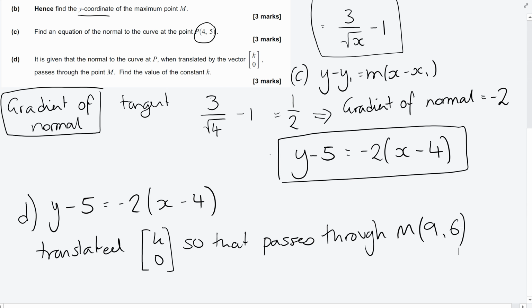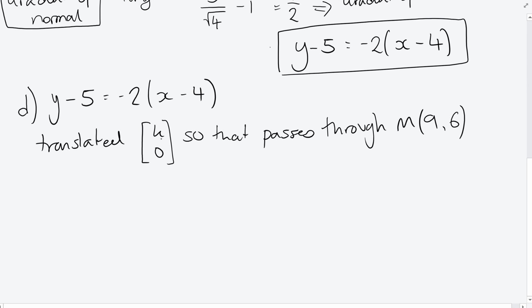If I'm changing my x value by k here, my new equation is going to have the x value changed, and k is going to be subtracted. It's happening to the x, inside the function, so it's the opposite to what we expect, and then we've got our minus 4 there. That's effectively the equation of our translated line.